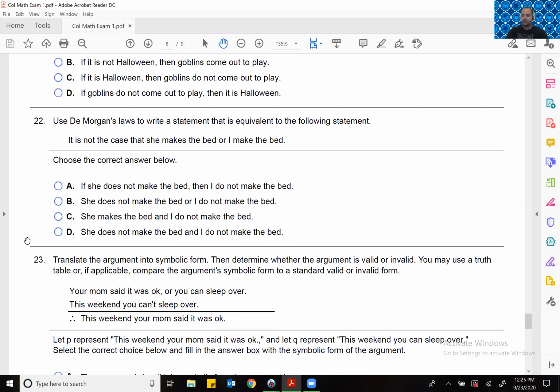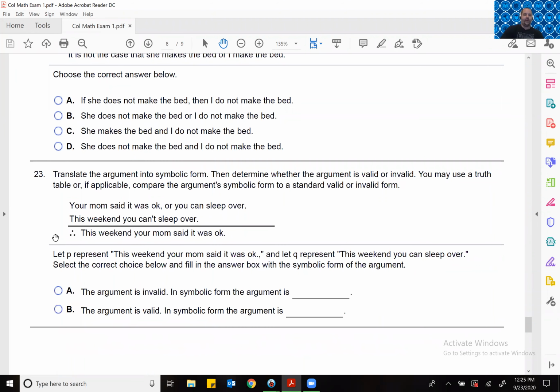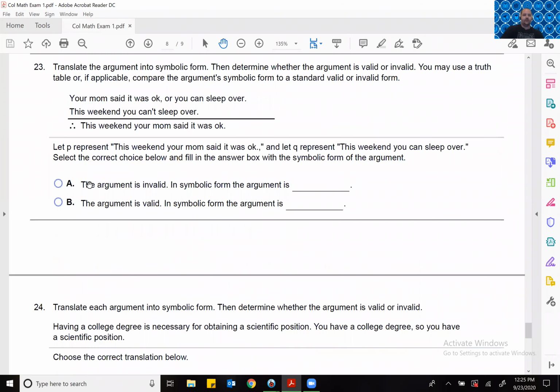So the answer is D. And that's number 22. That one was coming from 3.6. So 3.7 is for number 23 and 24. And then 3.8 is number 25.